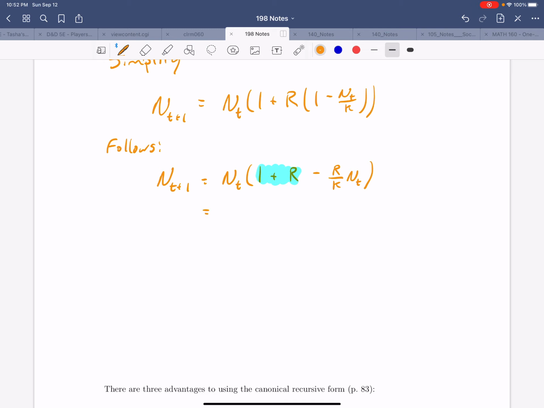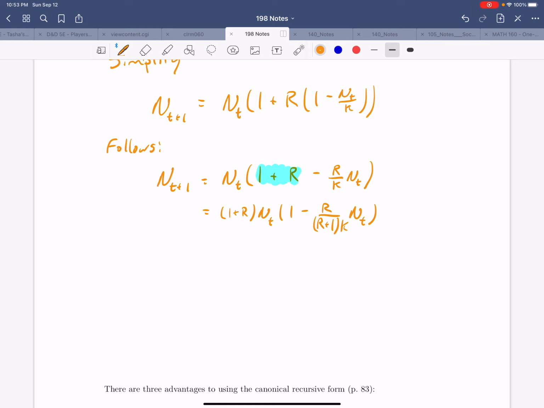So I'm going to get 1 plus r, N of t, times 1 minus r, and then I have to divide by r plus 1, because I factored it out of that term. When you factor something out like that, it has to come from each term that you're adding or subtracting.